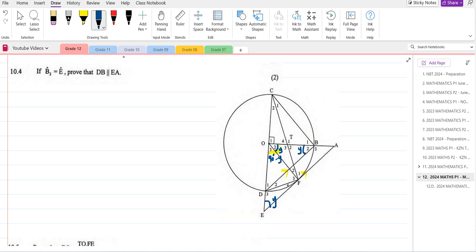If I can get co-interior or corresponding, I need to get this angle equal to y. Okay, so if this is y, if this entire angle is 90 degrees, and that's y, then this will become 90 minus y.